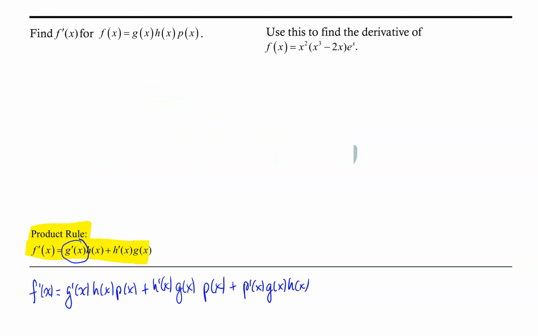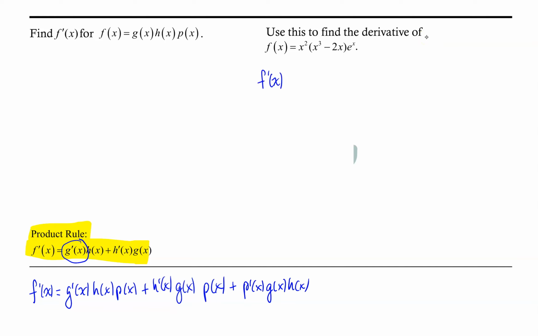So let's use this new version of the product rule to help us find the derivative of f of x equals x squared times quantity x cubed minus 2x times e to the x. So here we go.